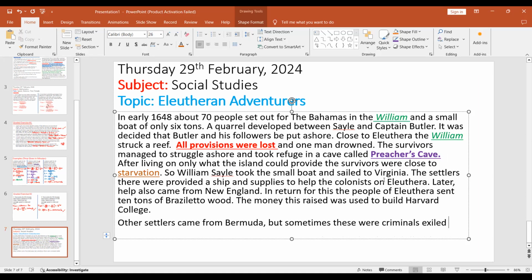Banned from a certain place, yes. Like you can't come here no more. They ban you, right? Exiled. So other settlers came from Bermuda, but sometimes they were criminals exiled by the Bermudian government.